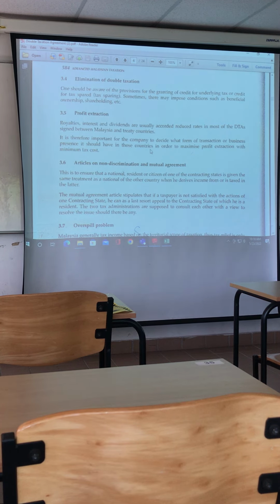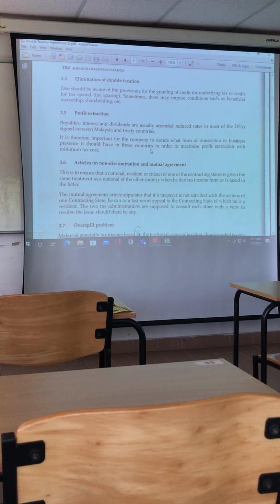But talking about profit extraction, your royalties, interest and dividends are usually accorded reduced rates in most of the DTAs signed between Malaysia and the treaty countries. It is therefore important for the company to decide what form of transaction or business presence it should have in those countries in order to maximize profit extraction with minimum tax costs.